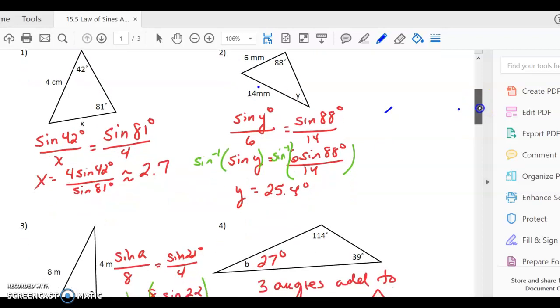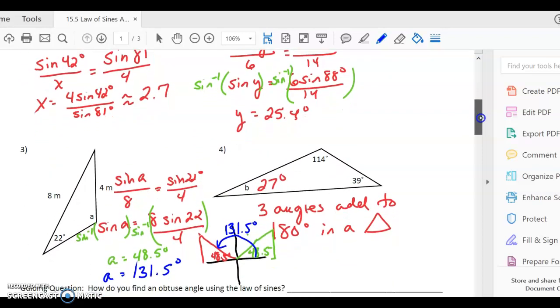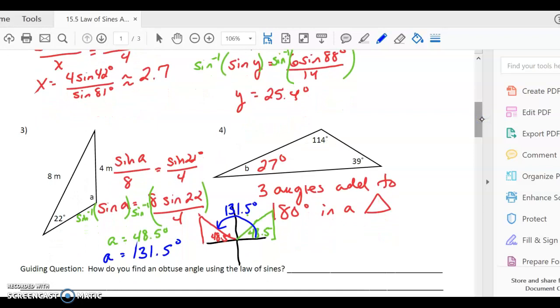Now, as we go down to number 3, I want you to really pay attention because this is the key of the day. When we look at number 3 and we solve for A, the calculator gives us 48.5 degrees. But when you look at angle A, number 1, 40, it looks obtuse. And number 2, we know it has to be larger than 22.